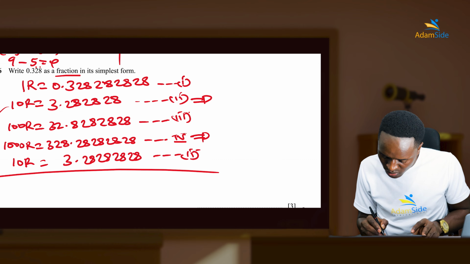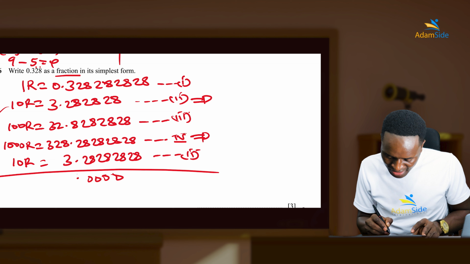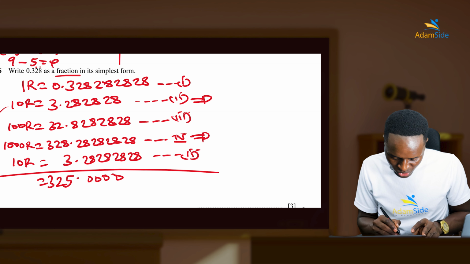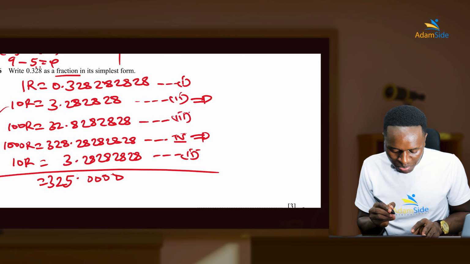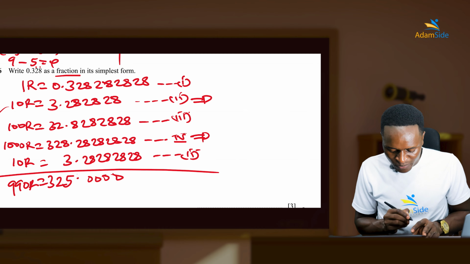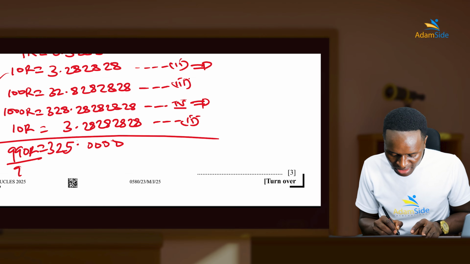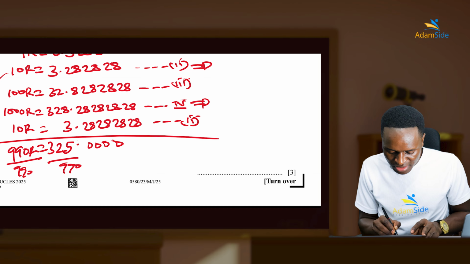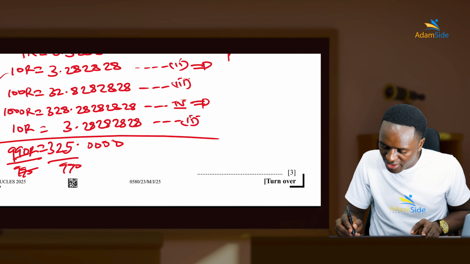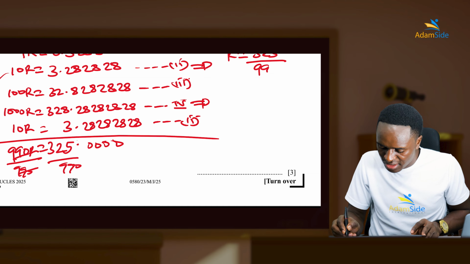So 28 minus 28, you get 0, 0, 0, 0. And then 328 minus 3 is 325. Then here 1000r minus 10r, you get 990r. And then divide by 990, so my r is equal to 325 over 990.